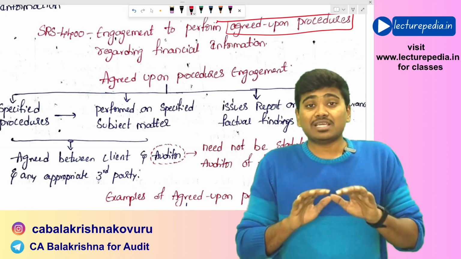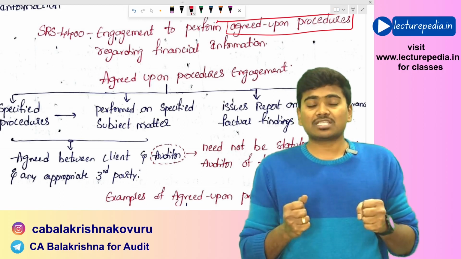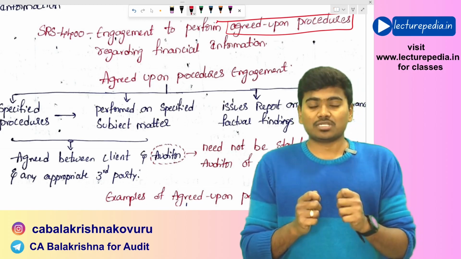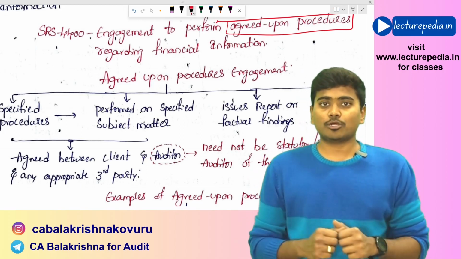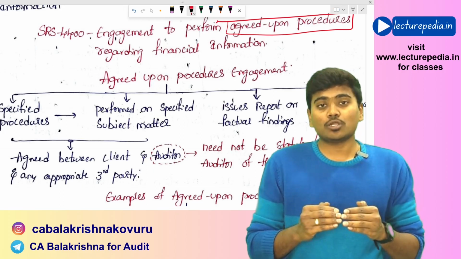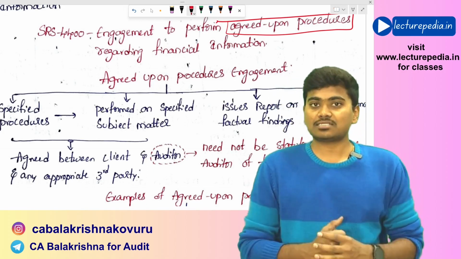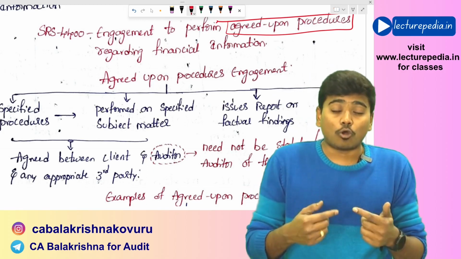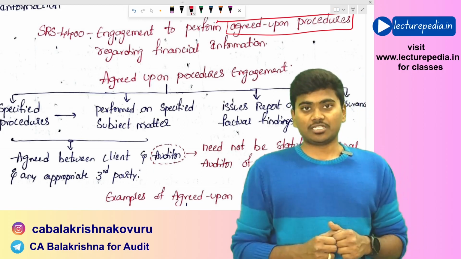All this will be agreed between the auditor and the management or the client. So because of this, the report that the auditor issues in case of these agreed upon procedures will be useful only for the management. The general public cannot understand this report, because they have no idea what procedures were agreed upon between management and the auditor.